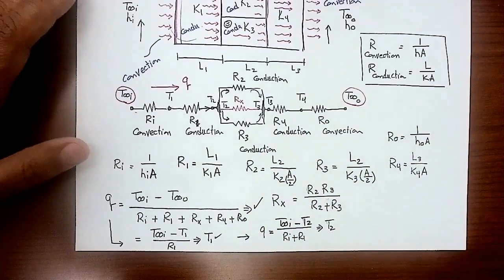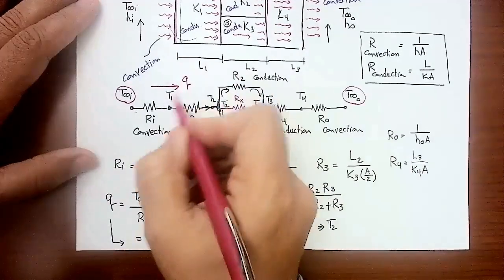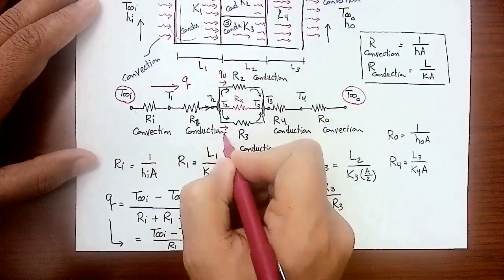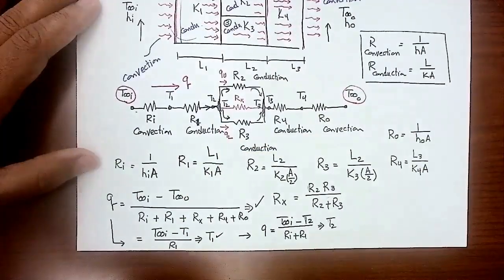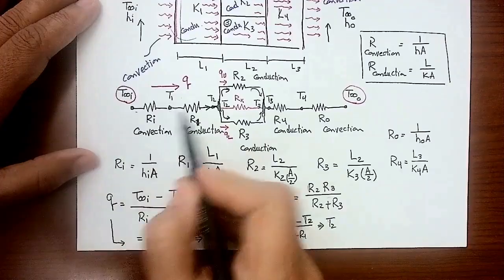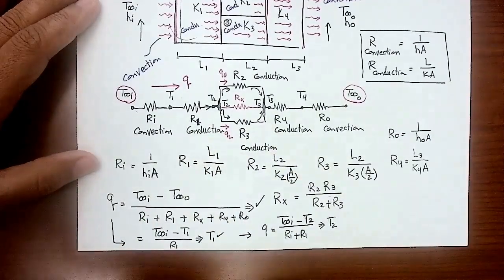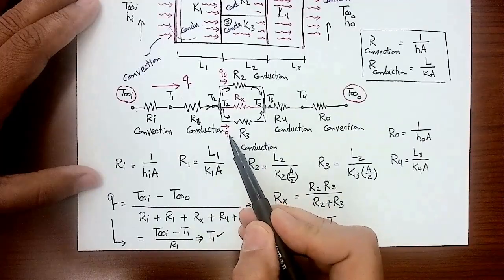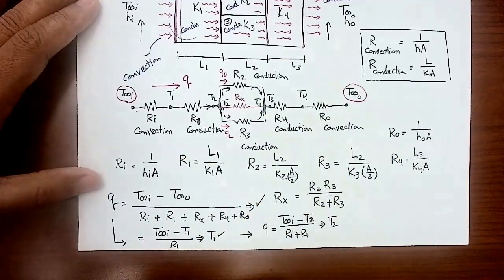One extra question you may be asked. How much of that total Q actually went up here? Q upper and Q lower. How much of that total Q, because we know that Q is going to split up and down. Okay? And if you get one of them, you subtract that from the total Q, you can get the second. How to get that? You guys think about it.